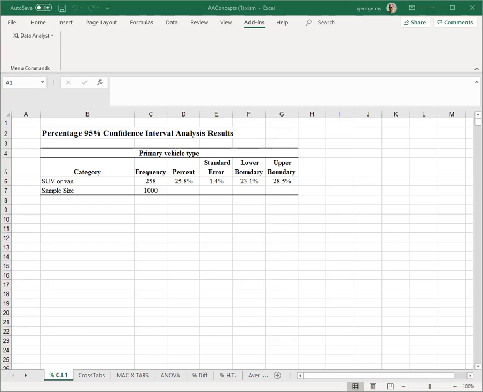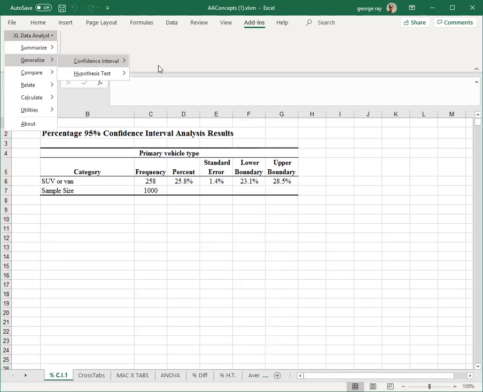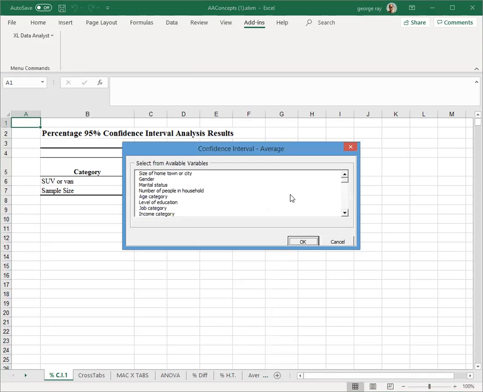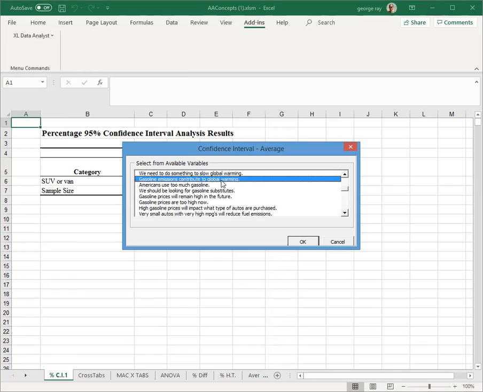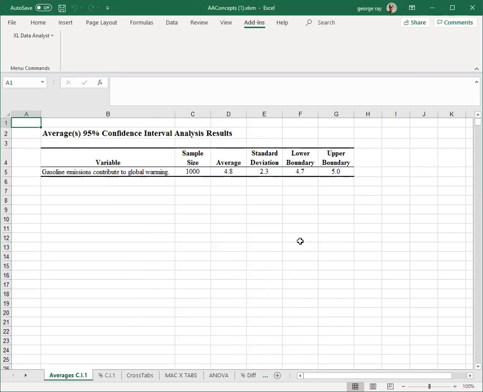And what we want to look at is gasoline emissions. So we're going to come up to Generalize, Average. Then we'll look at the variable on gasoline emissions contributing to global warming. So we'll select that variable and click OK.